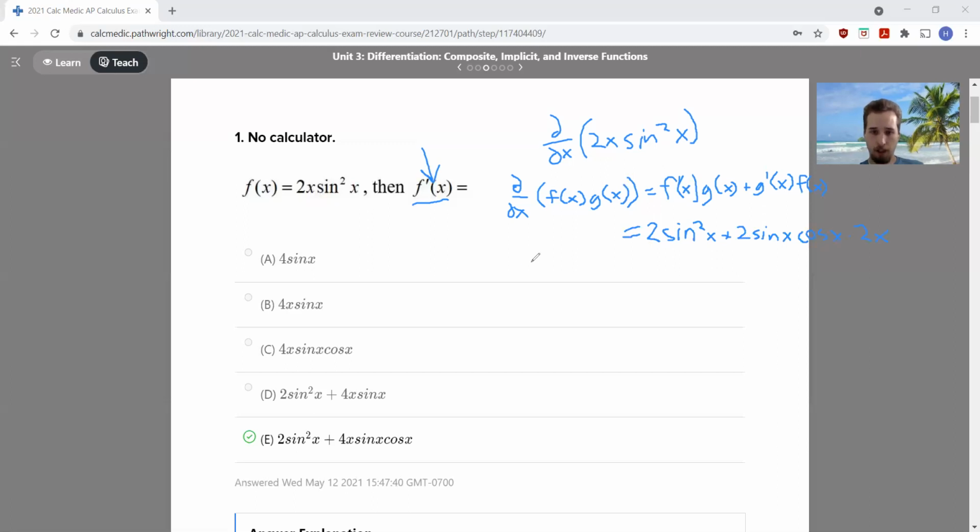So basically we get 2 sine squared x plus 4x, because we have the 2x over here. I'm sorry if that's hard to read. Times the 2, so that's 4x sine cosine x. Which is the correct answer here.